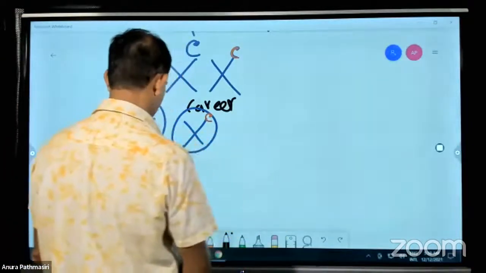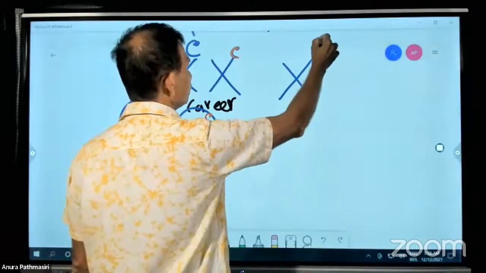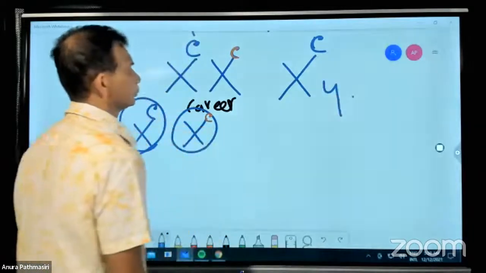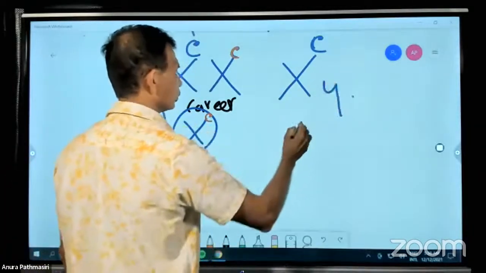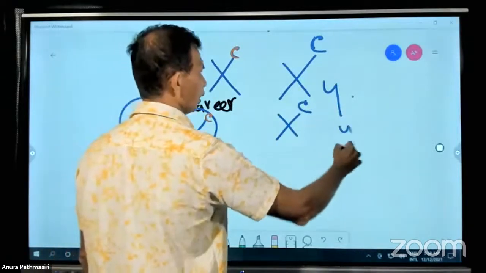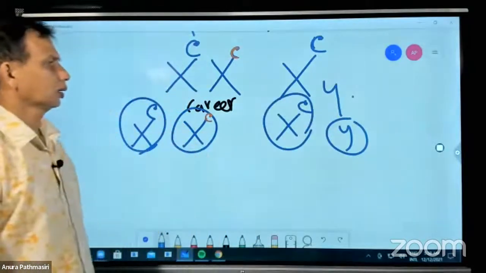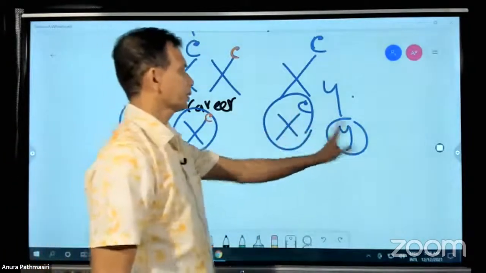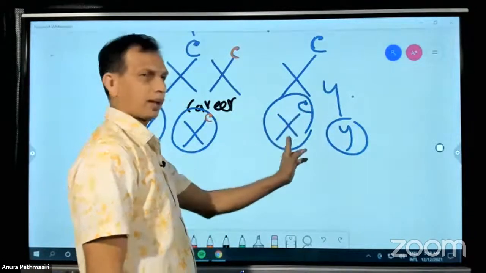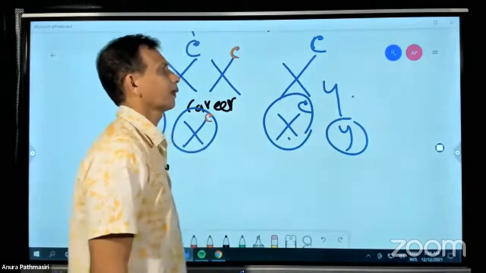Whereas the father is there, healthy. He is healthy and has no problem. So he can have sperm cells with capital C and Y. Now, there are two possible sperm cells: one has capital C and the X chromosome, and the other has the Y chromosome.